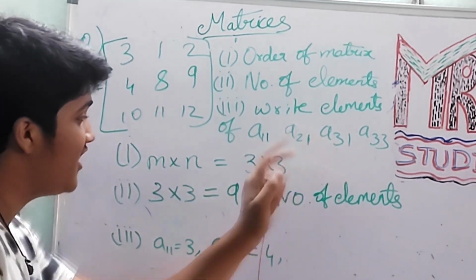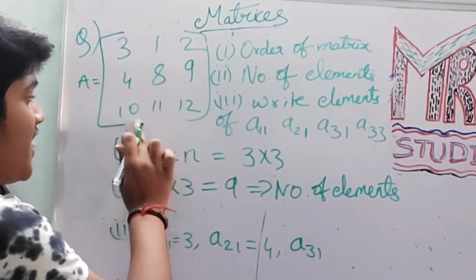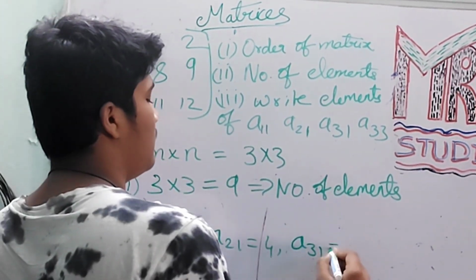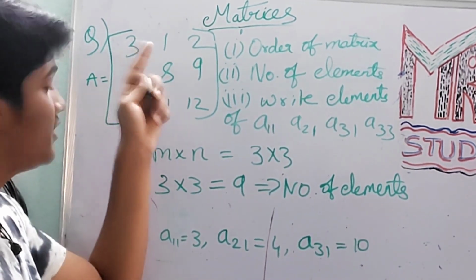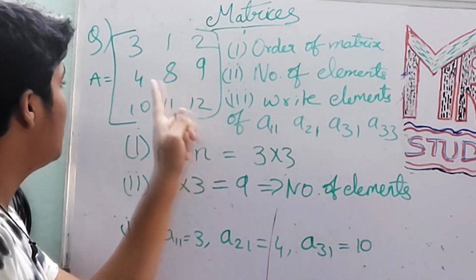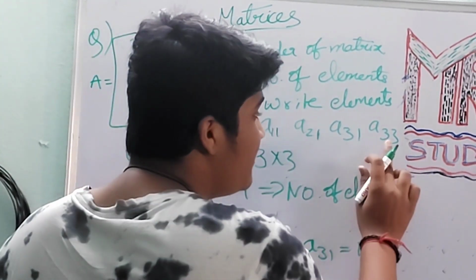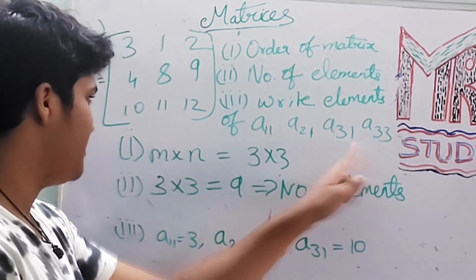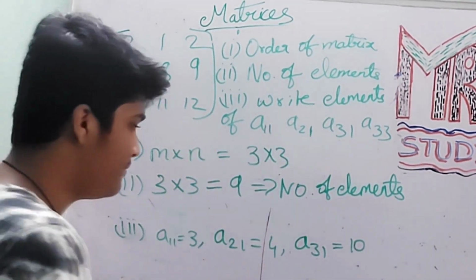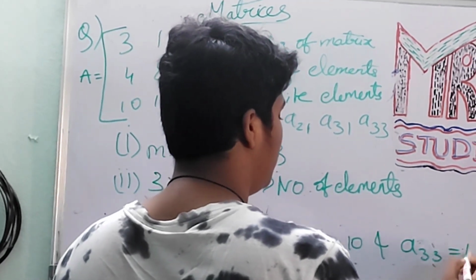And what is the element in A31? See friends, A31 equals 10. See once again, A11 is 3, A21 is 4, A31 is 10, and last and final, A33. What is the element in A33? A33 equals 12, right?